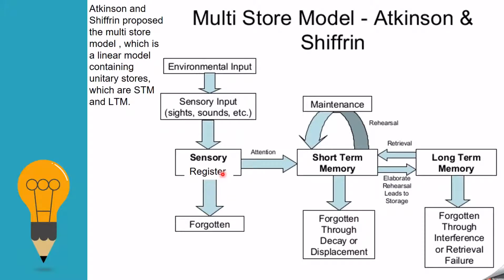If attention is not paid to it, if you don't pay attention to that certain thing in the environment, then it will be forgotten and gone out of your memory. If attention is paid to it, then it will move on to short-term memory.